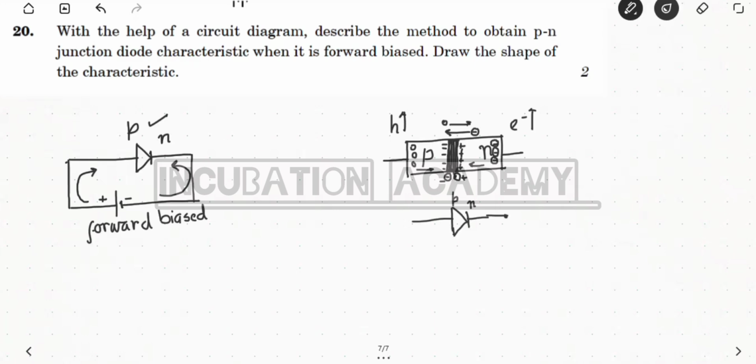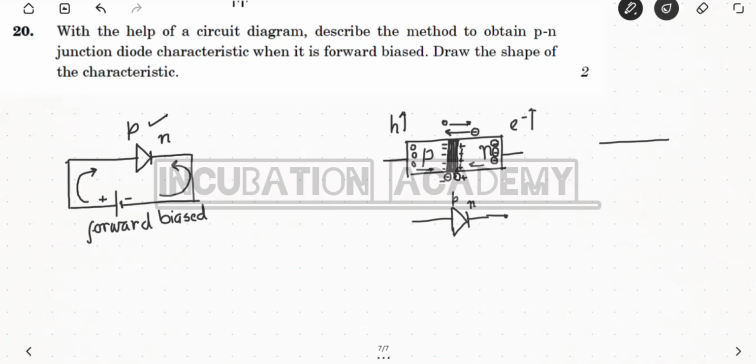The extra electrons from the battery capture the positive immobile ions. Similarly, holes coming from the positive terminal of the battery and entering the p side capture the negatively charged immobile ions on both sides of the depletion region. So the depletion layer width decreases.